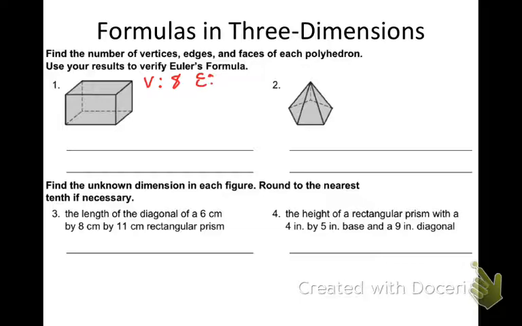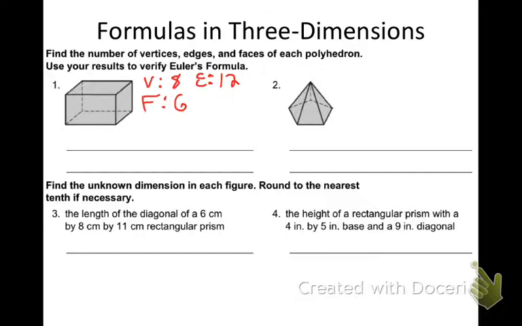Trevor? There are 12 edges. And how many faces does number 1 have, Trev? Six. So I have 8 vertices, 12 edges, and 6 faces.